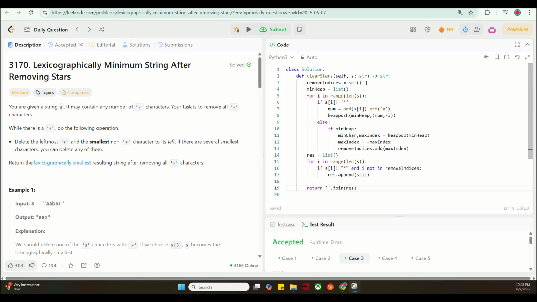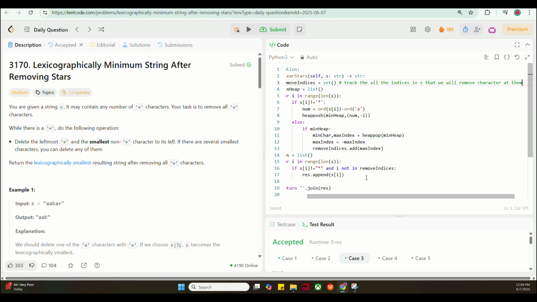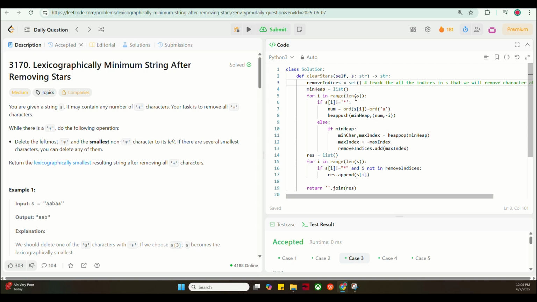Okay, so let's go through the code. We'll keep a set of remove indices to track all the indices of the characters that will be removed.